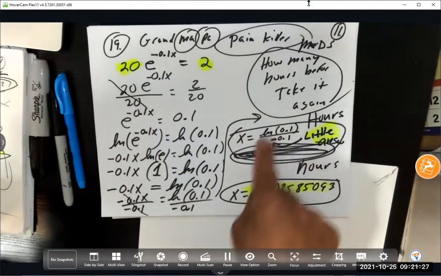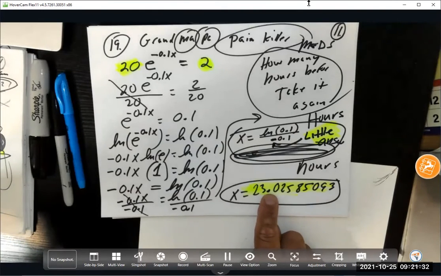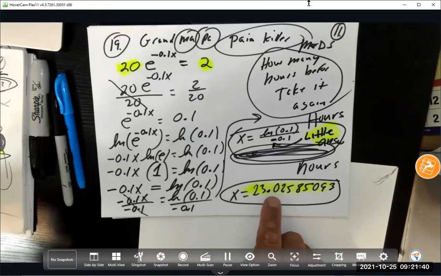And then they have to wait 23 hours. Does that make sense? Yes. So 23 hours later, they need to take some more medicine. Not before, because if they take it right now and then 5 hours from now they take more medicine, all kinds of bad things are gonna happen. Does that make sense? Yes.